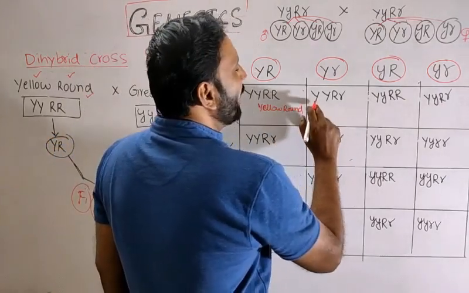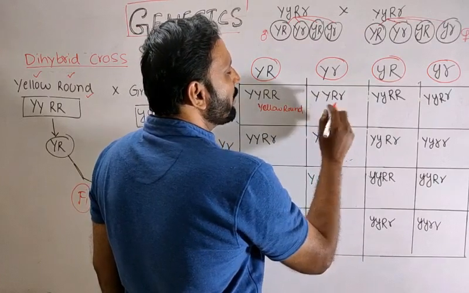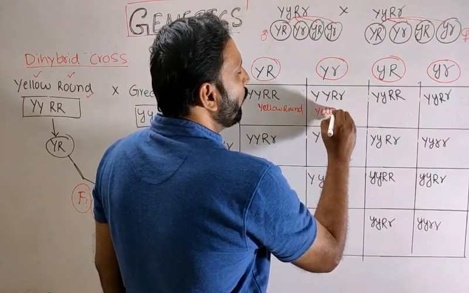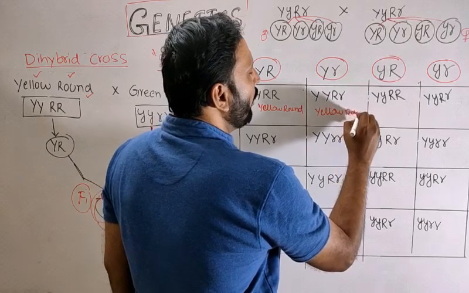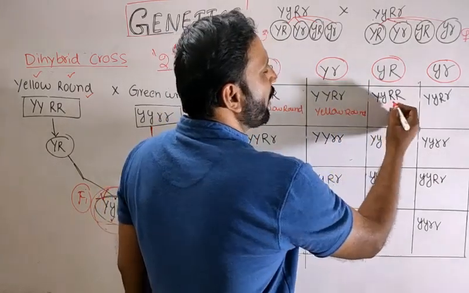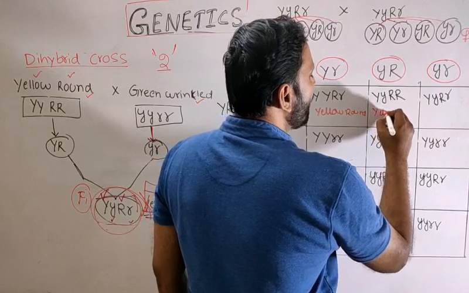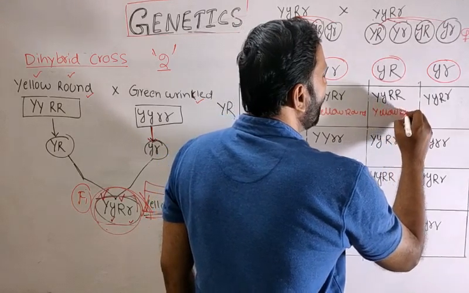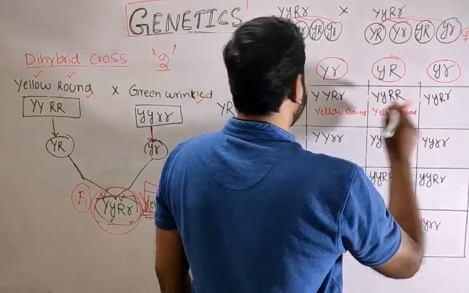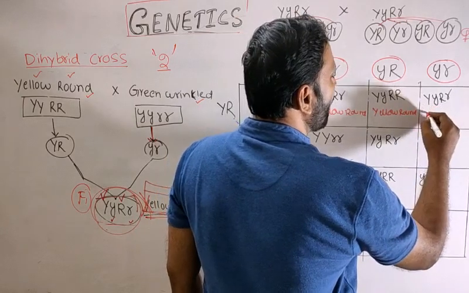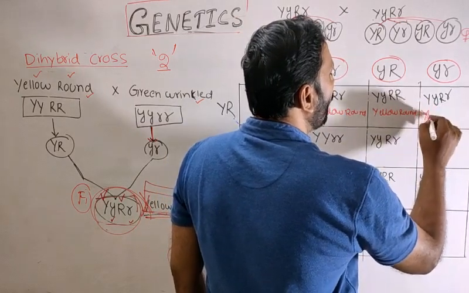And here capital R, small r, this is also yellow round. And capital Y, capital R, small r, it is also yellow round.